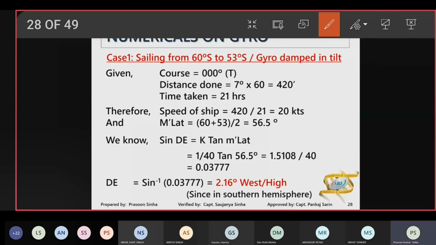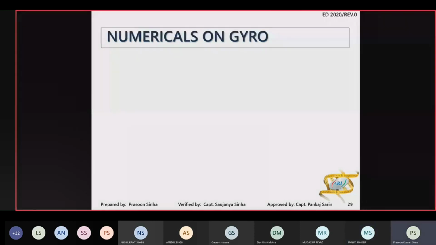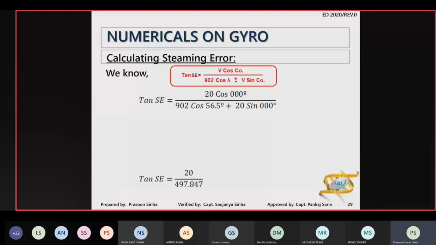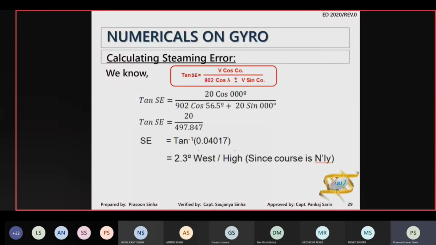So are you finished up to this? 2.16 degrees west high, because we are in southern hemisphere. Yes sir. Similarly, for steaming error, we apply the formula and we take out the value of SE, which is 2.3 degrees west, again since course is northerly.